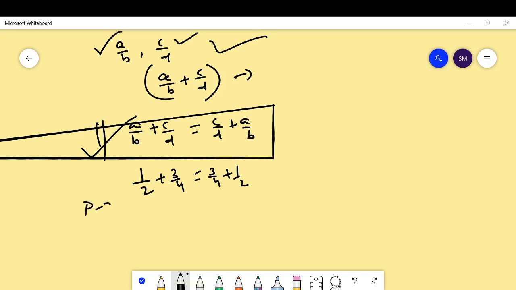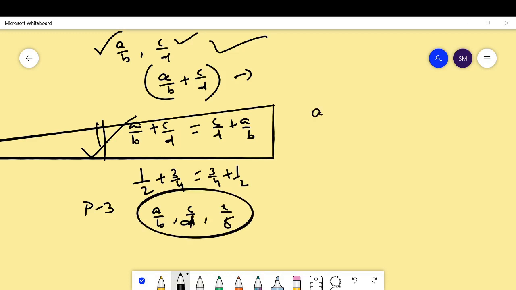Then property 3 is the associative property. Suppose a by b, c by d, e by f, all three are rational numbers. The associative property says a by b plus c by d, bracket, plus e by f is equal to a by b plus c by d plus e by f, bracket.